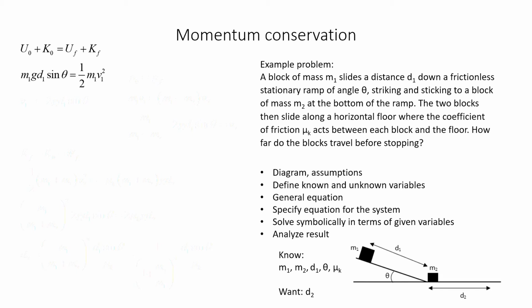I'll let my potential energy go to 0 at the bottom of the ramp, and my final kinetic energy of mass m1 would be 1/2 m1 v1 squared. I'll let that velocity be v1. I can solve this equation for v1. v1 equals root 2g d1 sine theta.